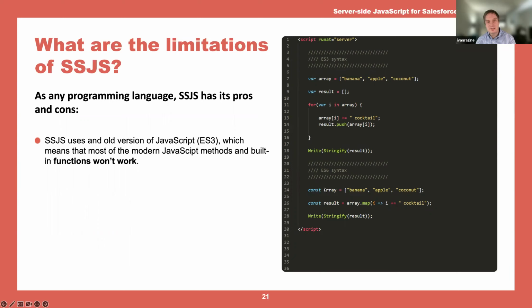In ECMAScript 6, it will be easier if you use a map function and the arrow syntax in order to achieve what you want to achieve. And it's way shorter, it's clearer, but unfortunately, you could not really use it.